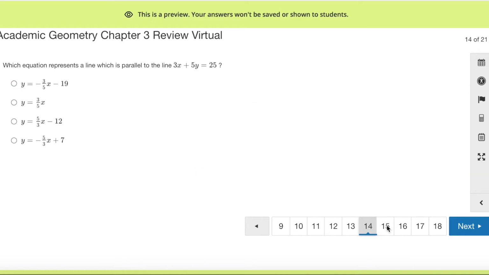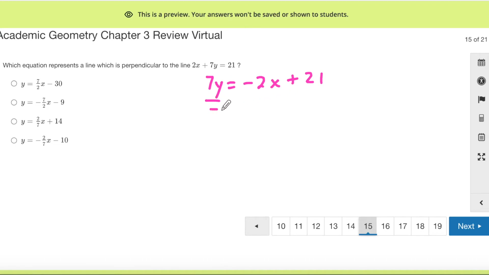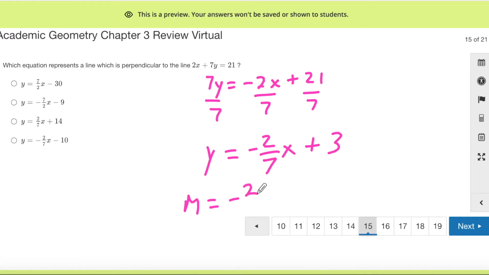Next problem is very similar to 14. First thing I want to do is find the slope, solve for y, put it into slope-intercept form, divide everything by 7. Y equals negative 2/7 x plus 3. So my slope is negative 2/7.